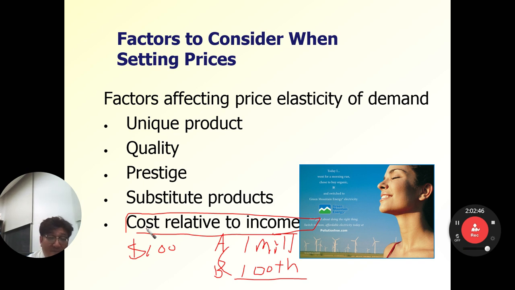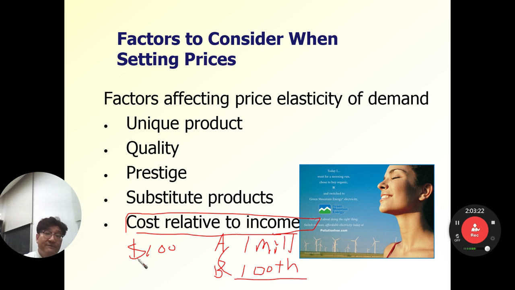You can divide their payment. Instead of paying a lump sum up front, you can make a monthly payment for the expensive goods, then people perceive the cost for the same product as a lot lower than the lump sum payment. That is a way to adjust this cost relative to income.